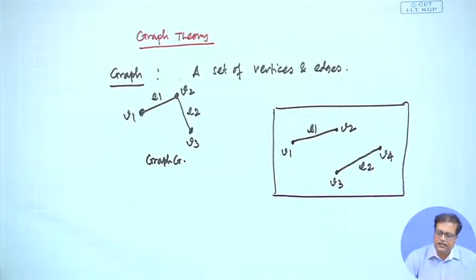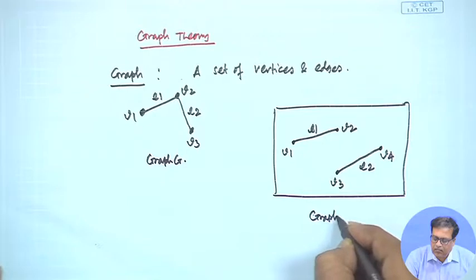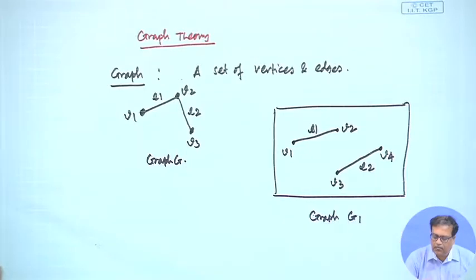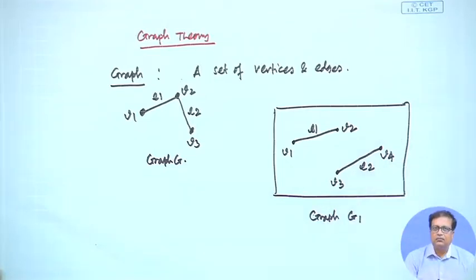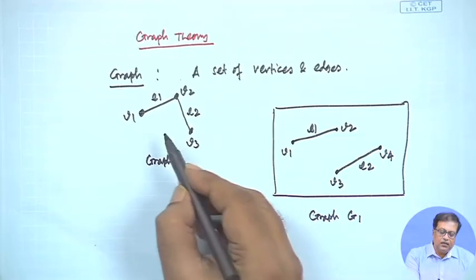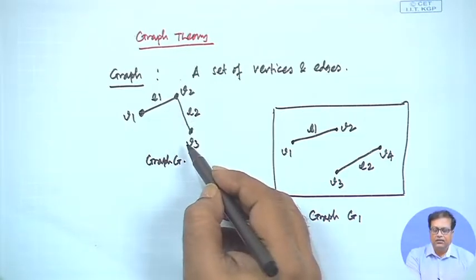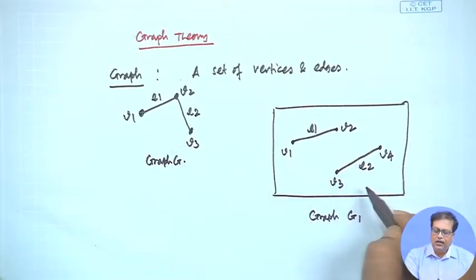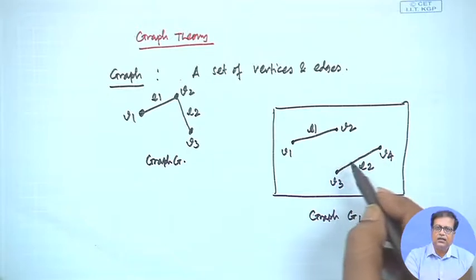The answer is yes. So this is a graph, this is also a graph. Some of you might be thinking that a graph has to be connected all the time. So this is a graph definitely, but not connected, right. So it is a disconnected graph.